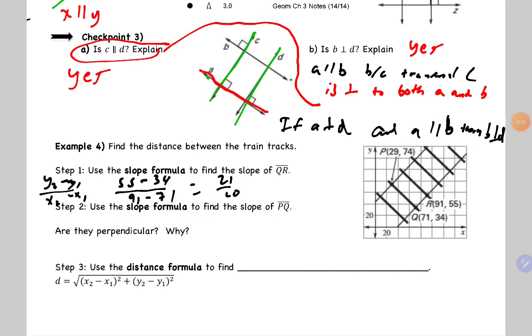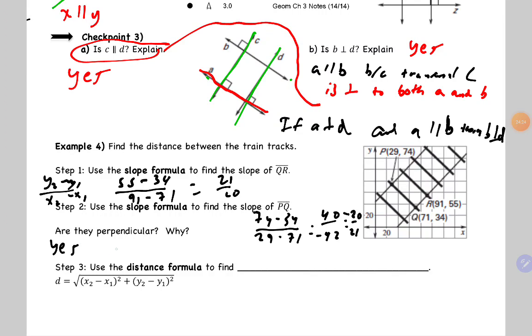Now we're going to use the slope formula again to find the slope of PQ. 74 minus 34 over 29 minus 71. That gives me 40 over negative 42, which reduces to 20 over 21.